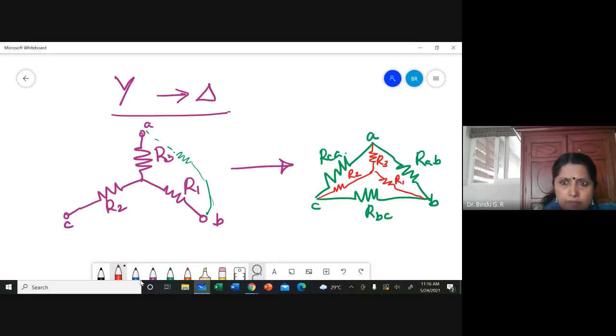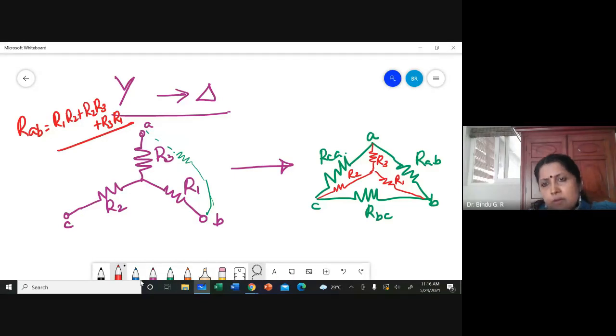So RAB is equal to (R1 R2 + R2 R3 + R3 R1) divided by whatever resistance is opposite to that. When you are mentioning RAB, you will be thinking about this resistance, so that will be divided by R2.